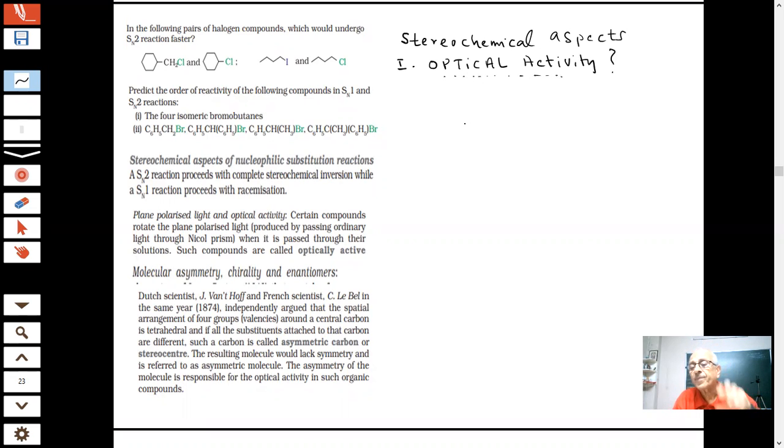It was observed experimentally that optically active compounds are those which can rotate the plane polarized light. Now we have to know what is plane polarized light.